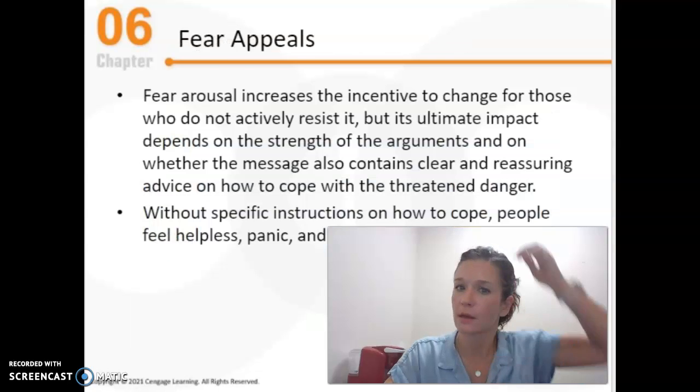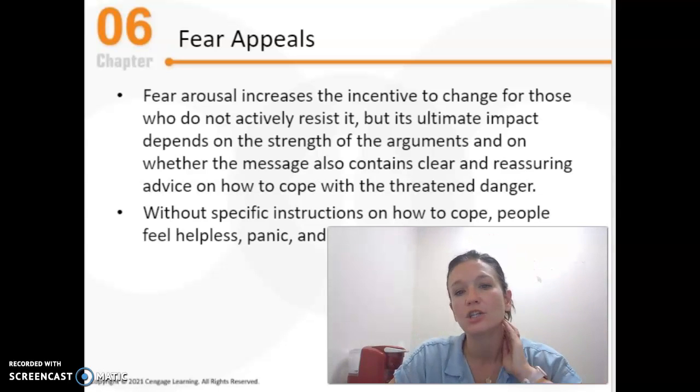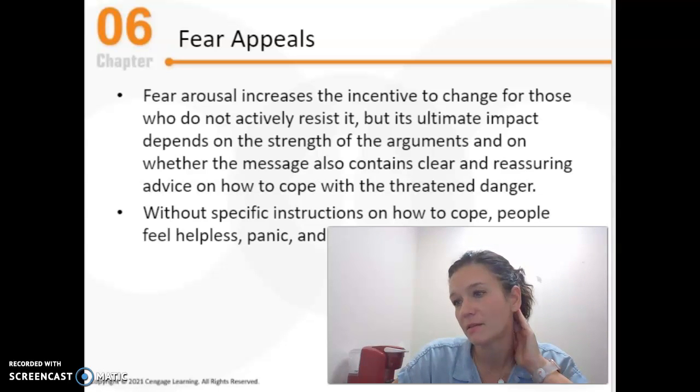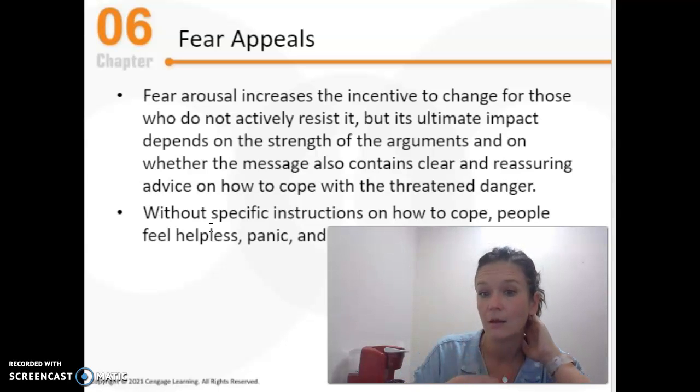Fear appeals. We can use fear to incentivize change. It can be effective, though not necessarily. Its ultimate impact depends on the strength of the arguments, but mostly on how a person reacts to fear. Think about the mask debate.